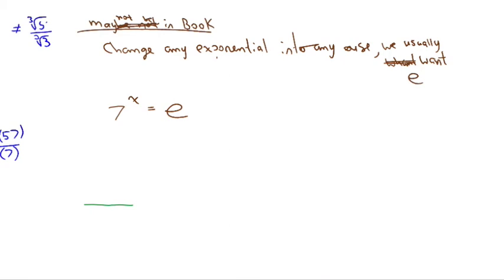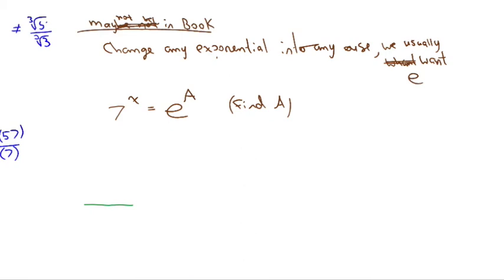So I want to change 7 raised to the x power into e raised to the a power. 7 raised to the x power equals e raised to the a power. So what I'm trying to solve for, to find, is what the heck is a? Because once I find a, then that equality will be fixed. So this is a little strange, but it works.